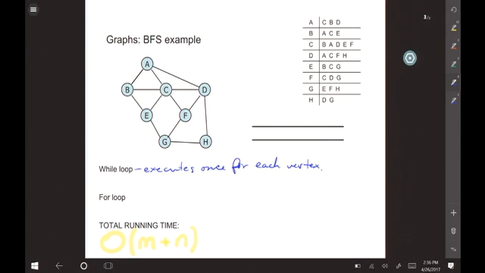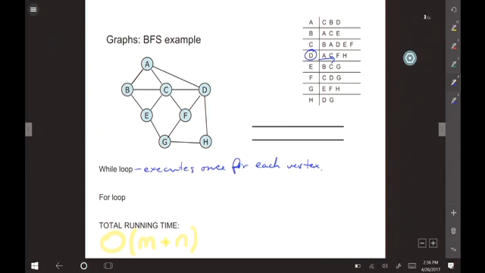Okay? All right. So I want to talk instead about any individual for loop. What's the running time of any one of those for loops? Very good. Remember, those for loops are basically just set up over the incident edges on a given vertex, right?